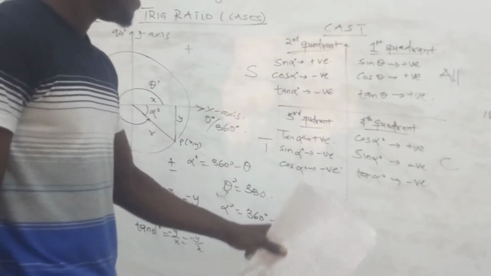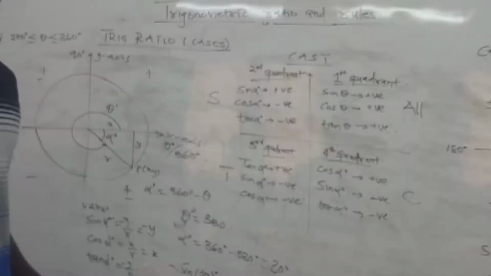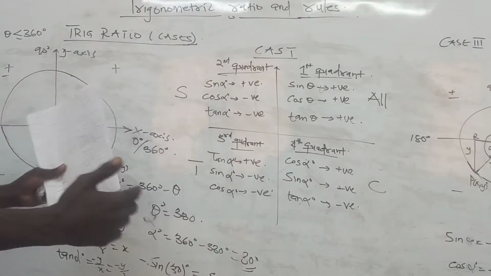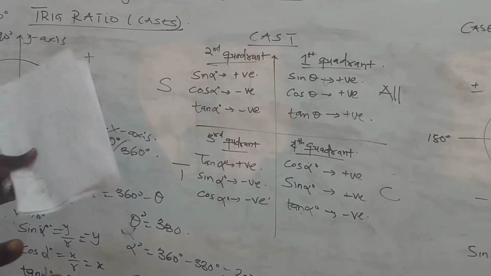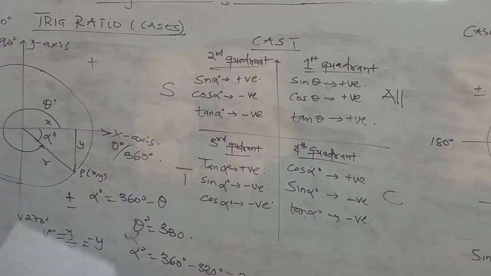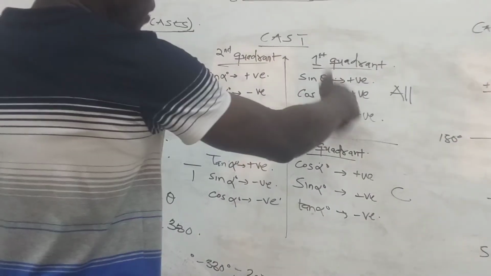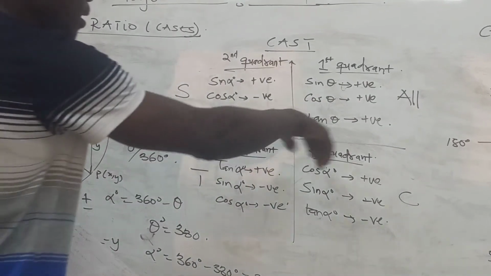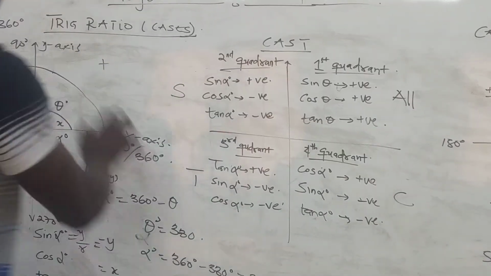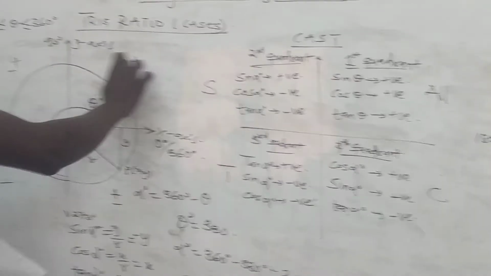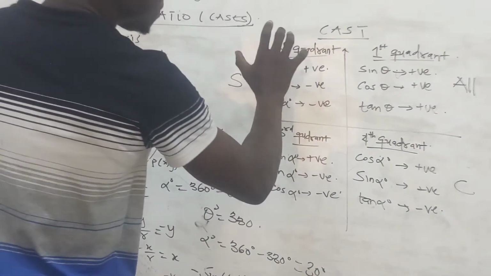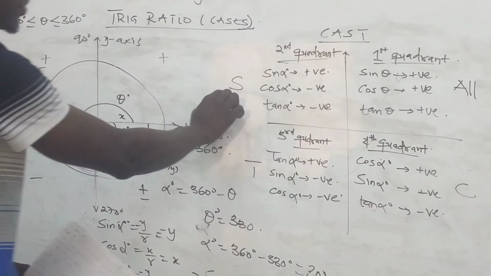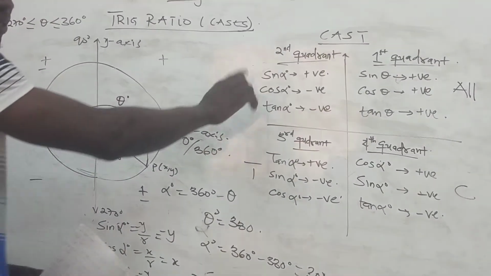Now, there is a mnemonic called CAST. This CAST is basically where the trig identities, the positive ones, lie. So all of them are positive, as I said earlier, when they are at the first quadrant. But when we consider the second quadrant, it's only sine alpha that is positive.